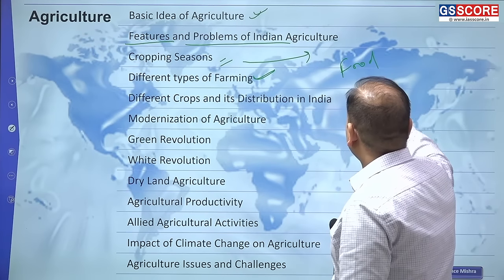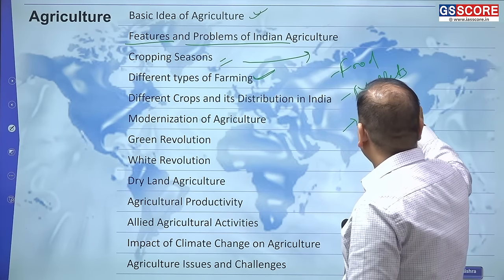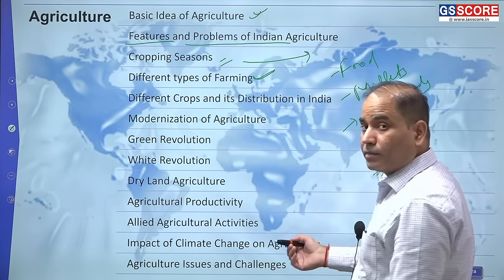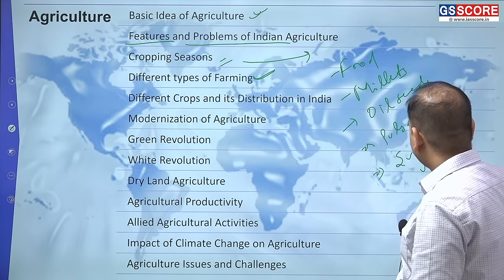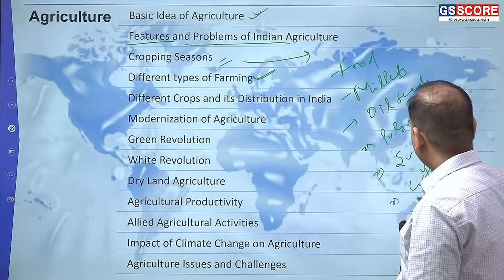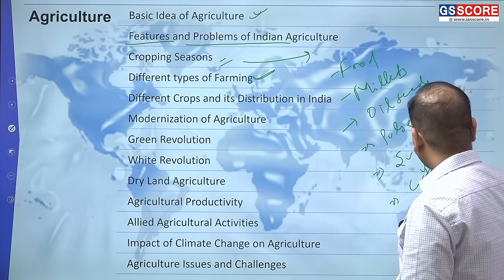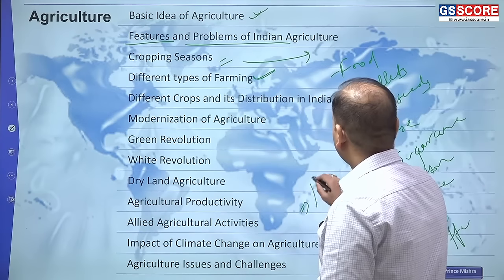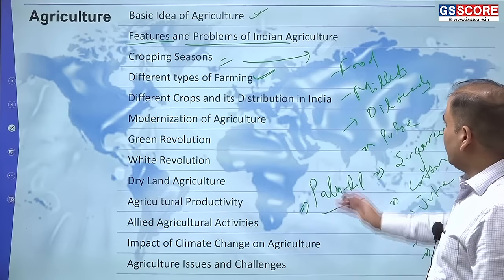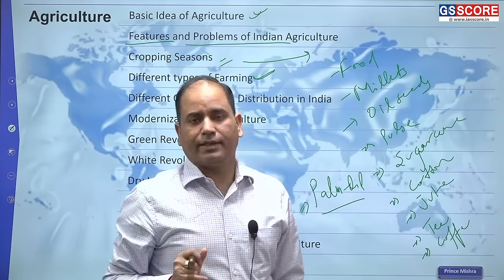So food grain crops, millet crops, oil seeds, pulses, cash crops like sugarcane, cotton, jute, plantation crops, tea, coffee, palm oil.